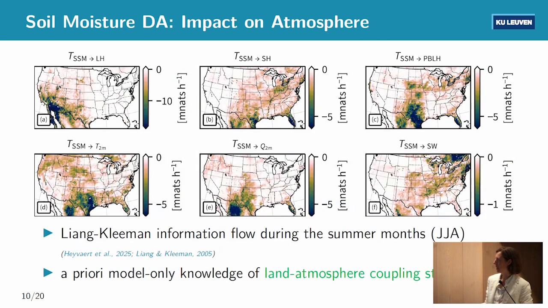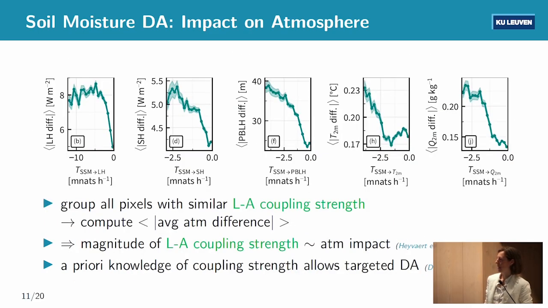So if I now bin these maps for their coupling strength, and I put those on the x-axis, so this is the coupling strength between surface soil moisture and latent heat, and then I look at the impact on my atmospheric fluxes, you see that as the coupling strength increases, that's to the left, stronger negative is a stronger coupling strength, then the impact on my atmosphere increases.